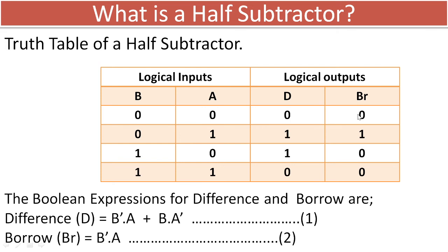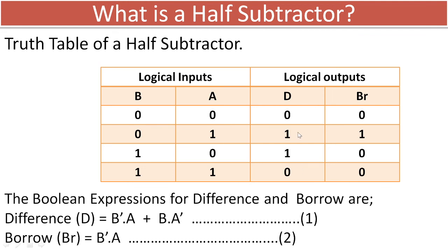Now in this case borrow output will be 1 when a larger variable gets subtracted from a smaller one. That means a larger number getting subtracted from a smaller number. So the borrow here is 1 and the other things remain the same.